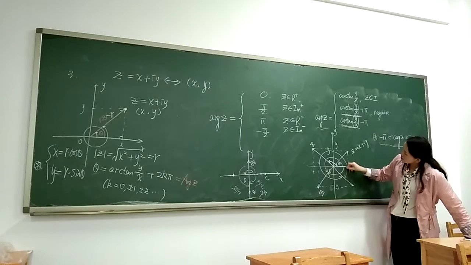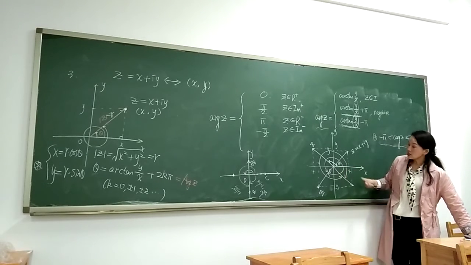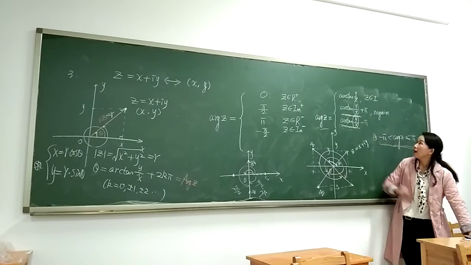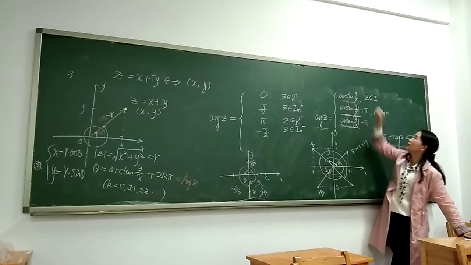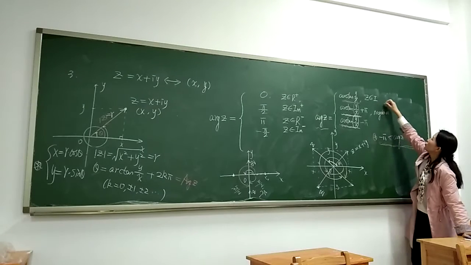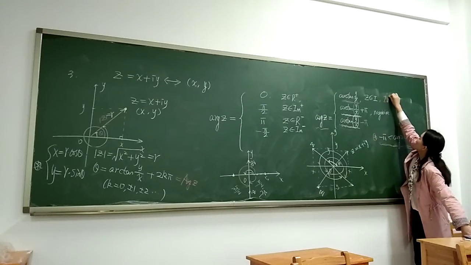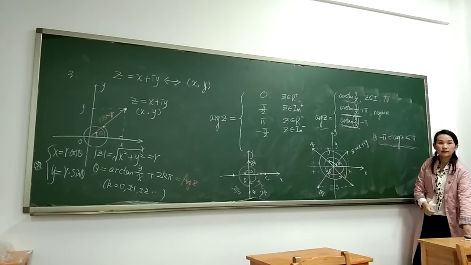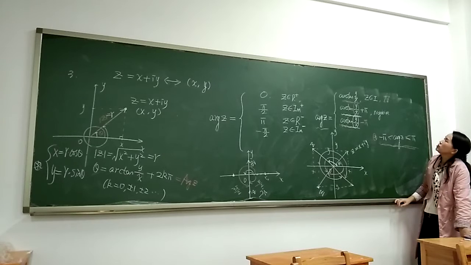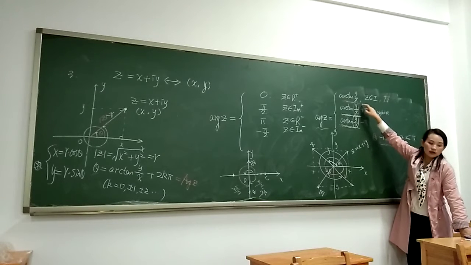So you need to find this red one. And this red one is negative. But this one is also negative. So if they belong to the fourth quadrant, it is also this one.